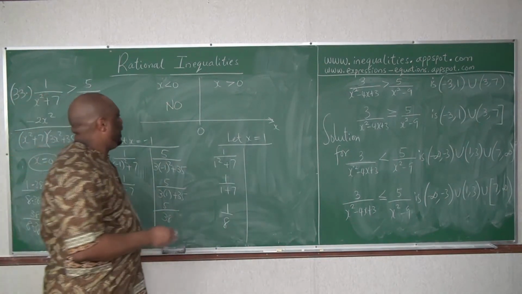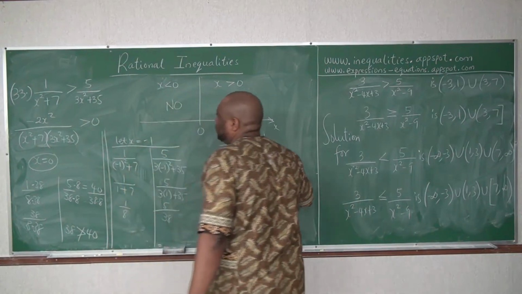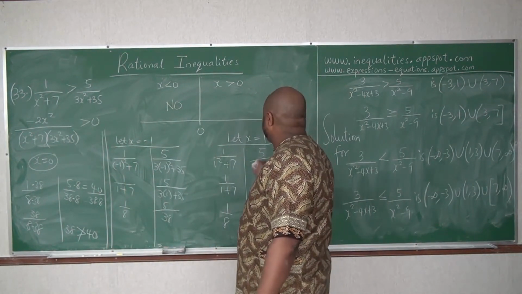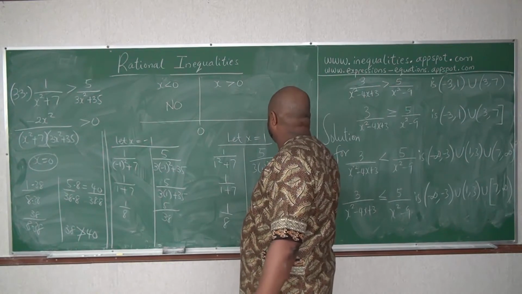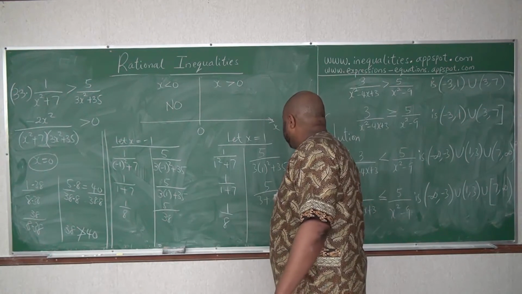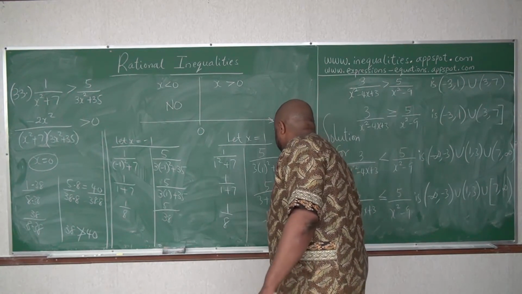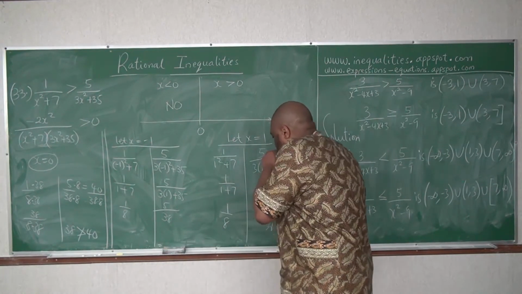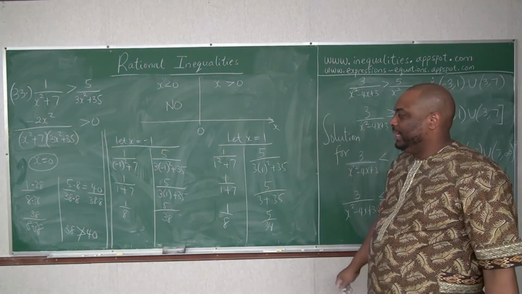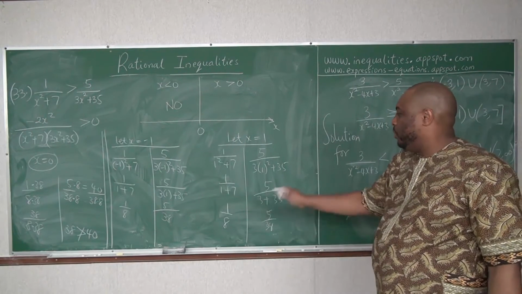And then 5 over 3 times 1 all squared plus 35, that is 5 over 38. So this also gives us 38 is not greater than 40 when we compare.